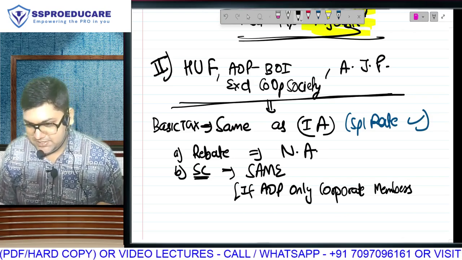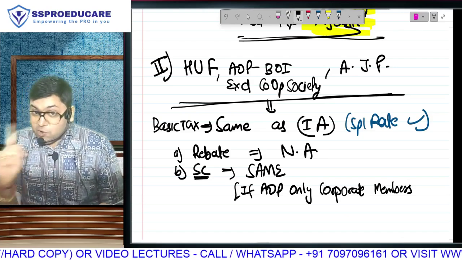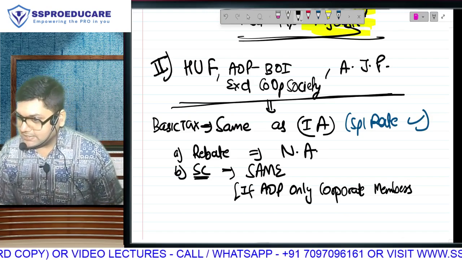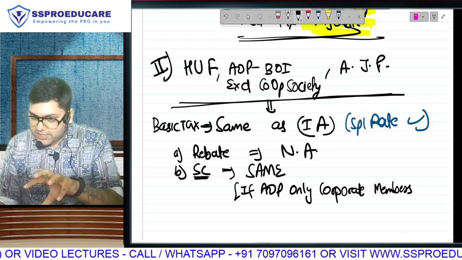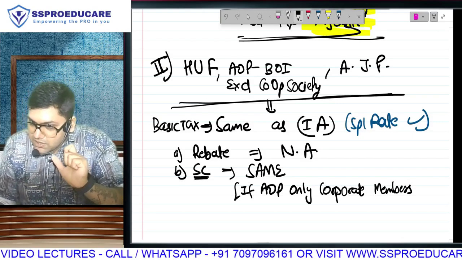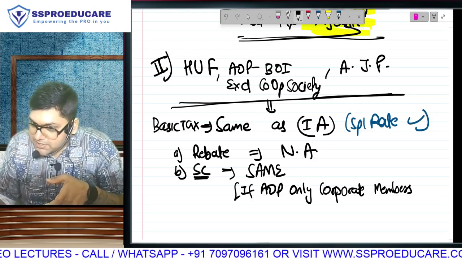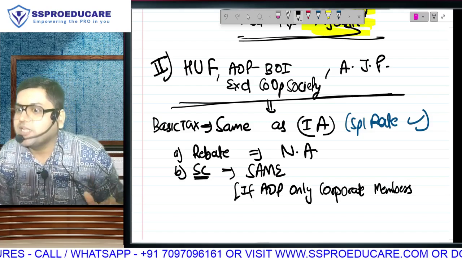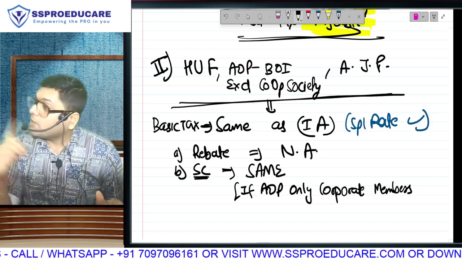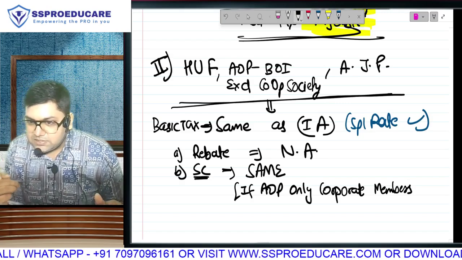If AOP has only corporate members, means AOP is a group of companies. देखो, Lions Club kind of an organization can have individual members. Road Track Club में you and me can take membership. But what if I tell you that there is an AOP, Association of Pharmaceutical Companies? So who are all the members? Pharma companies.